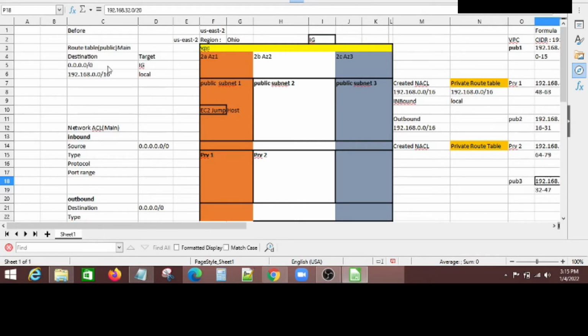In the main route table, the destination for anywhere is all zeros in all the octets. It's public, so for anywhere the traffic has to go, route it to the internet gateway. That's what we are saying.